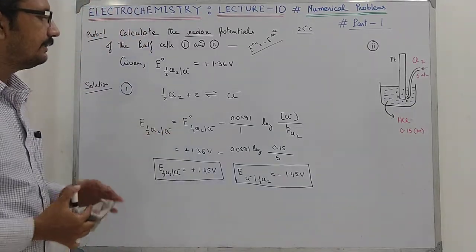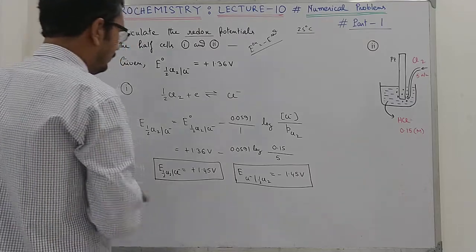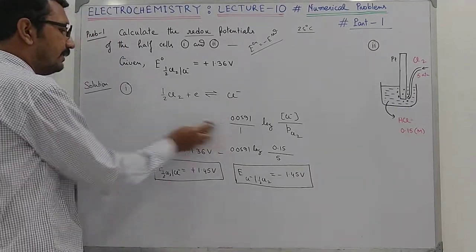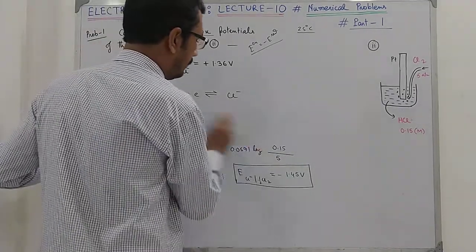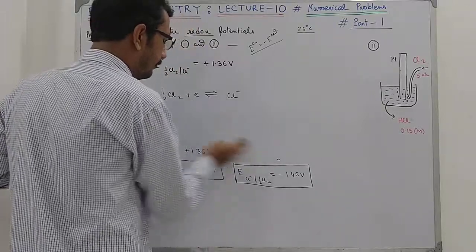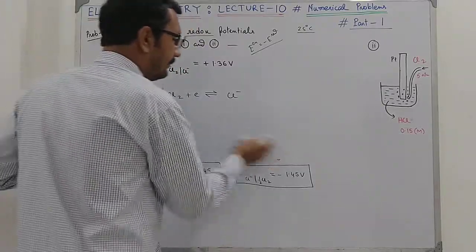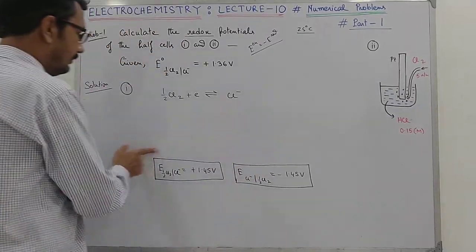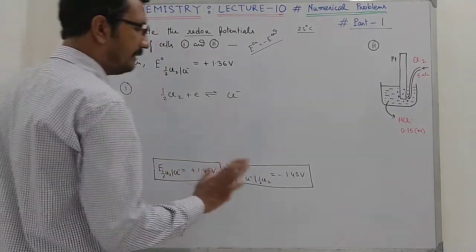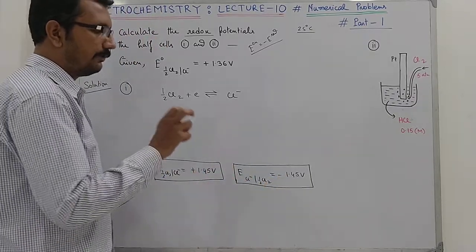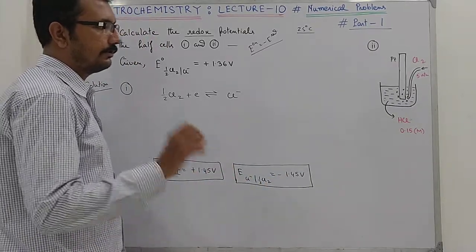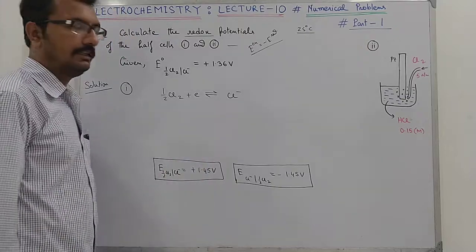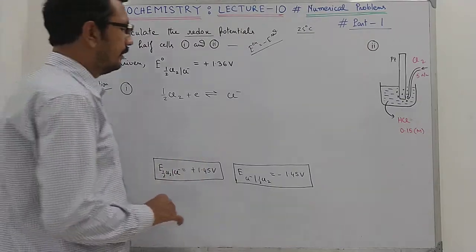Now we have to judge a thing that whether at the given condition this result will be obtained or not. This is a checkpoint. So you need not write it in exam, but just for your satisfaction that I am doing it correctly, you have to check this.